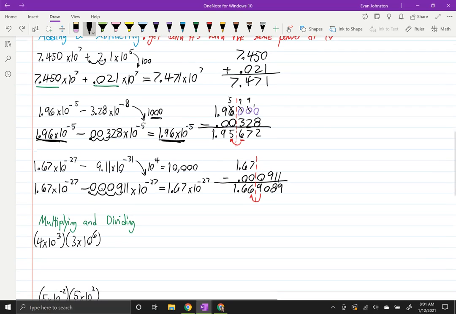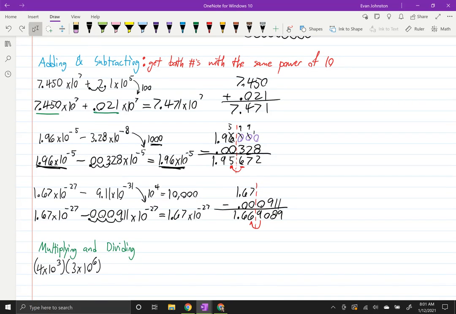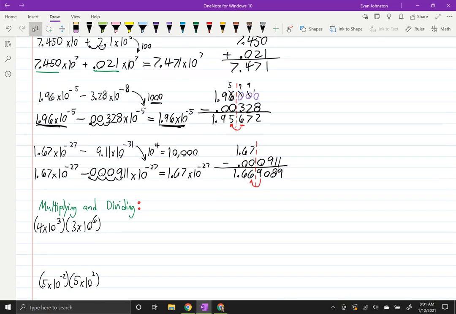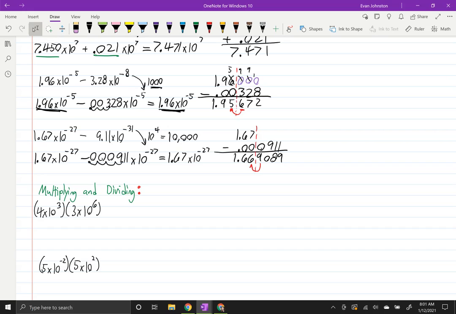Now, I want to look at multiplying and dividing, since we've done some practice with addition and subtraction. This one's kind of interesting. There's two different rules here. If you're multiplying, you're going to add the powers of 10. Similarly, you'll subtract powers of 10 if dividing.